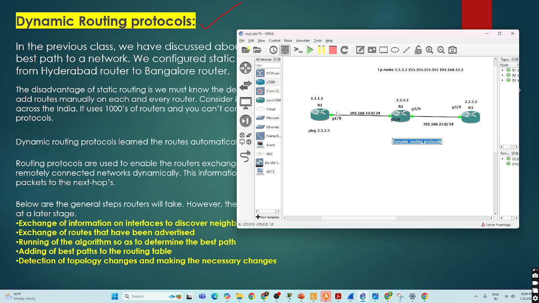If you configure a dynamic routing protocol on R1 and R2, it will exchange hello packets. Suppose my name is Ramesh and Kailash is there. We have a dynamic routing protocol connection. I said, hello Kailash. Kailash said, hello Ramesh. Now we both have discovered each other as neighbors. My neighbor is Kailash, Kailash's neighbor is me.